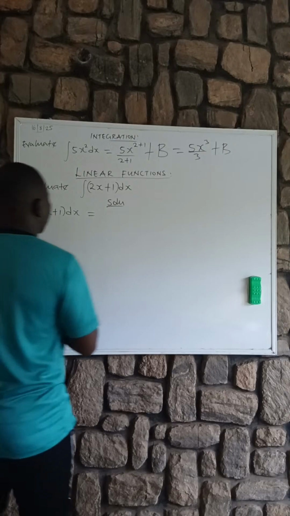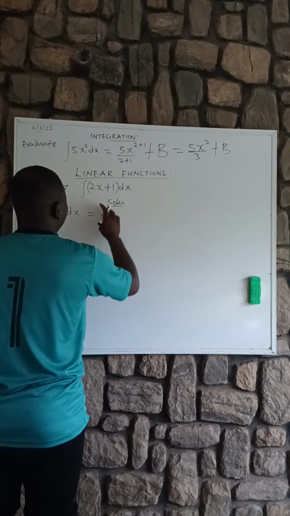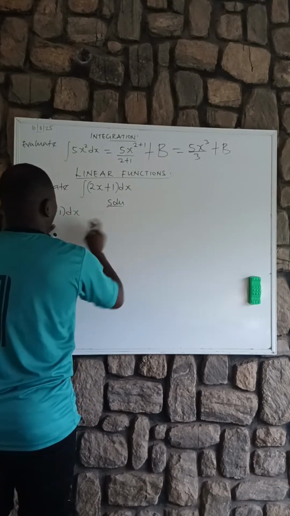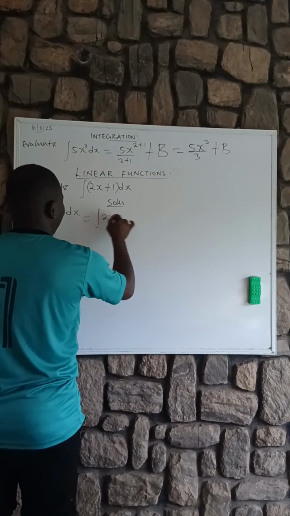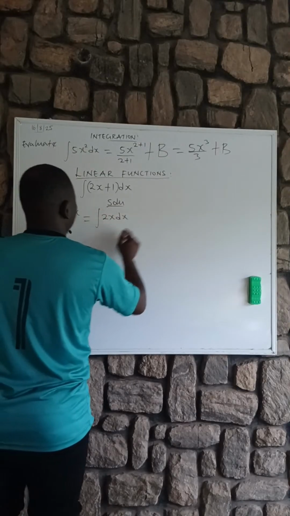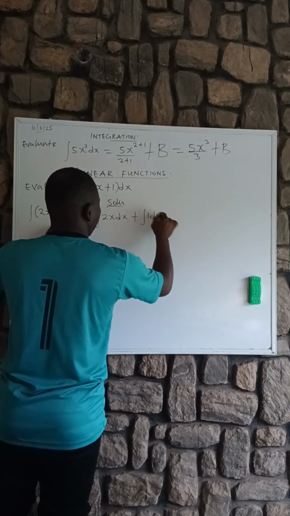It means we can rewrite this function in this form. This is equals to the integral of 2x dx, plus the integral of 1 dx.